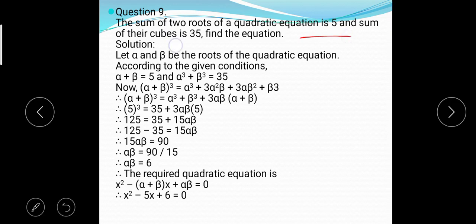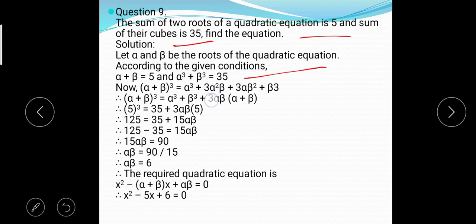And the sum of their cubes, alpha cube plus beta cube, is equal to 35. This is according to the given condition. Now alpha plus beta whole cube is equal to what? Alpha cube plus 3 alpha square beta plus 3 alpha beta square plus beta cube.